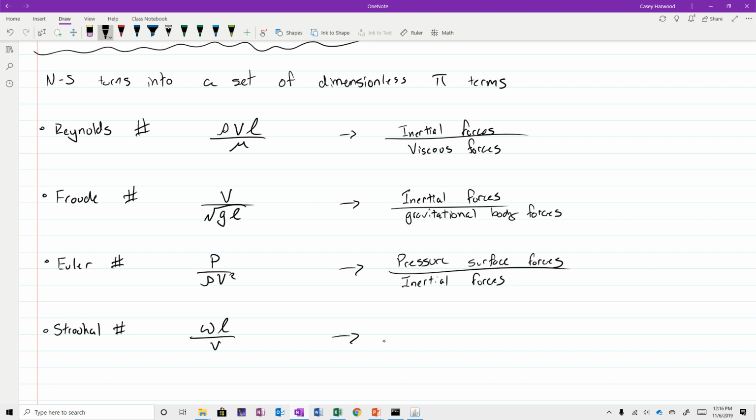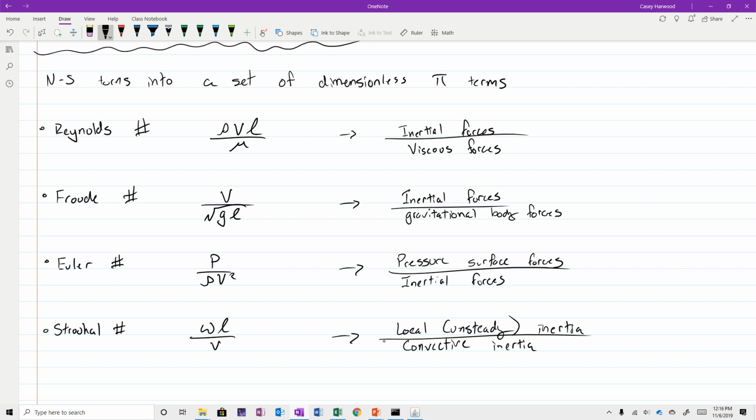And the Strouhal number can be thought of as the ratio of local unsteady inertia to convective inertia.